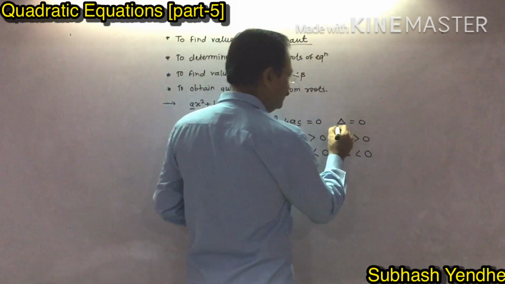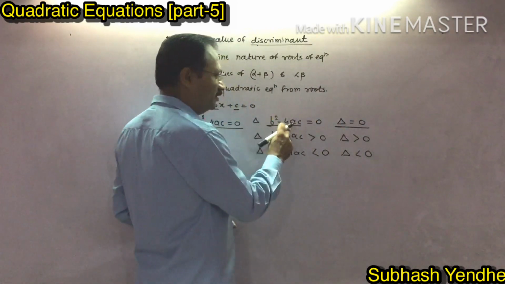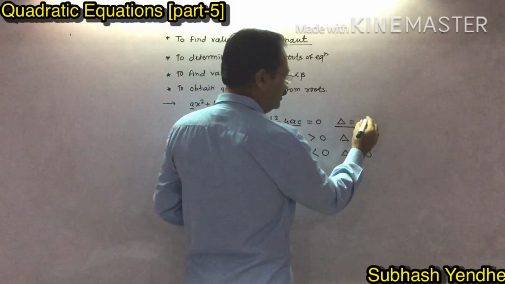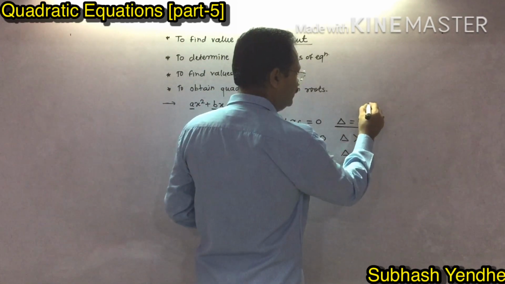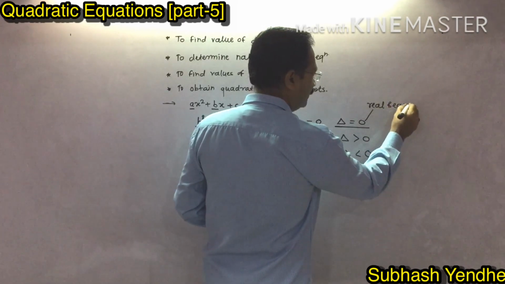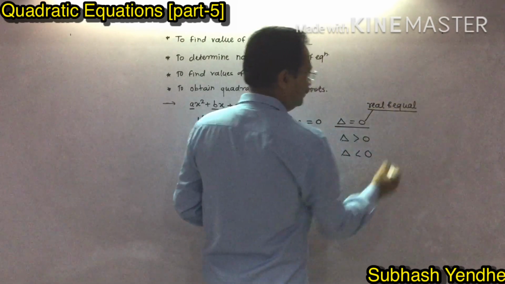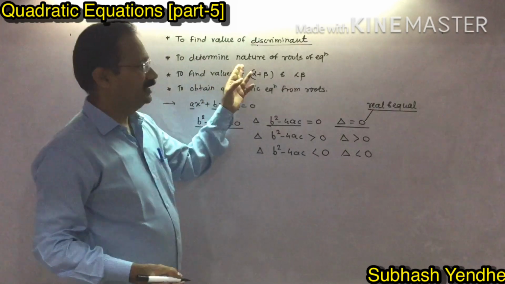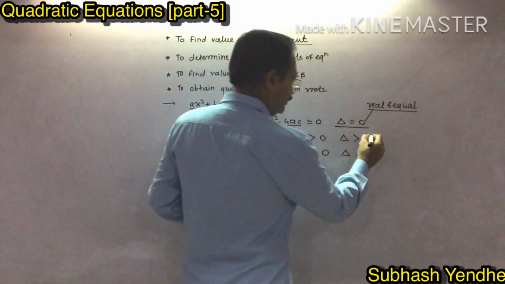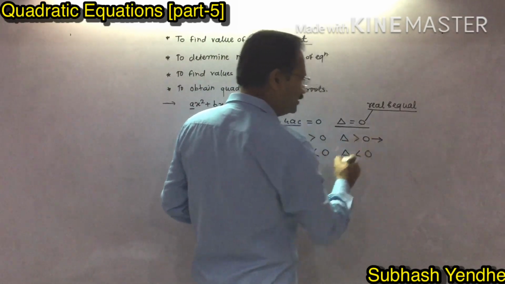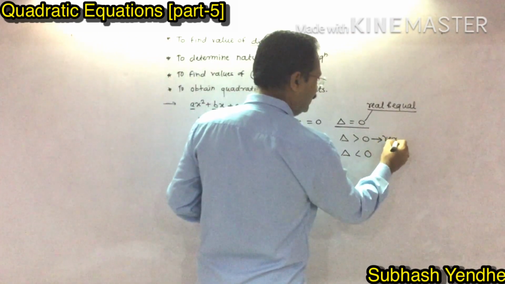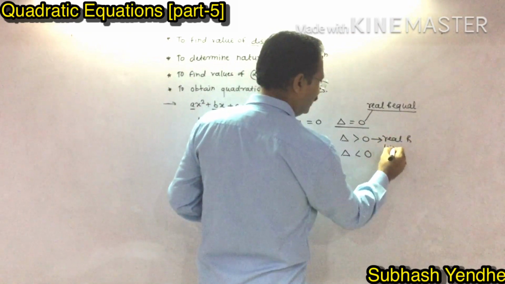If the delta is equal to 0, means b square minus 4ac's value is 0, then the root nature is real and equal. If it is greater than 0, then it is very simple: real and unequal.